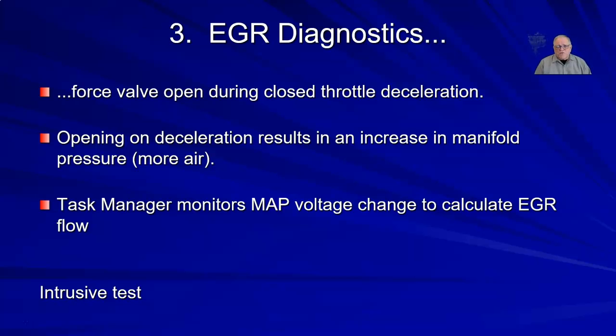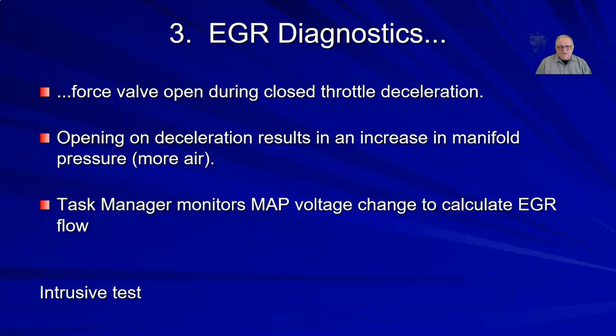So we just went through 3 different ways that the computer is going to calculate EGR flow in order to determine that the EGR circuit is working correctly, not just electrical circuit, but also the passageways. Most common problem with low flow on the EGR valve is carbon building up. The carbon is going to build up where the exhaust cools down, so around the intake manifold.